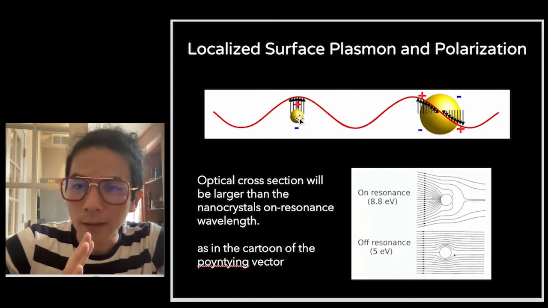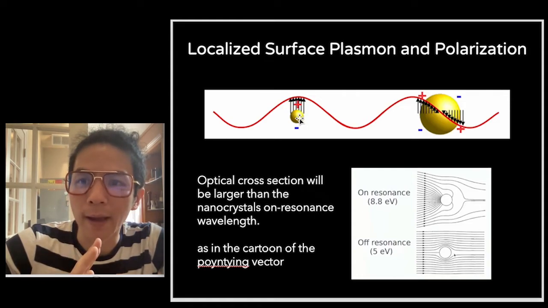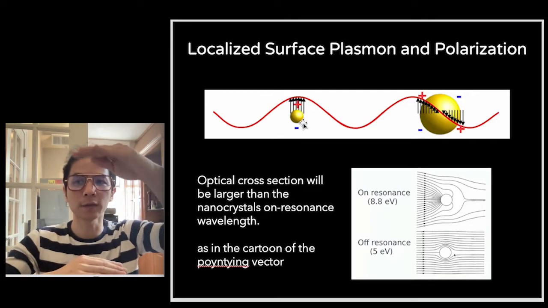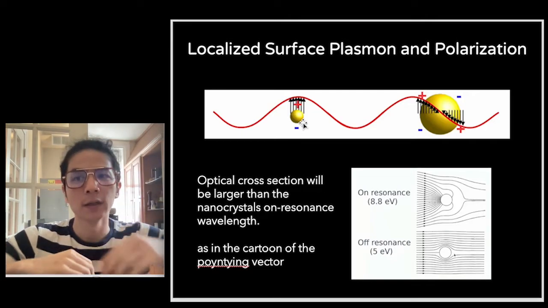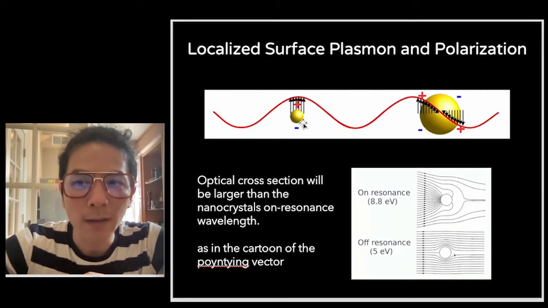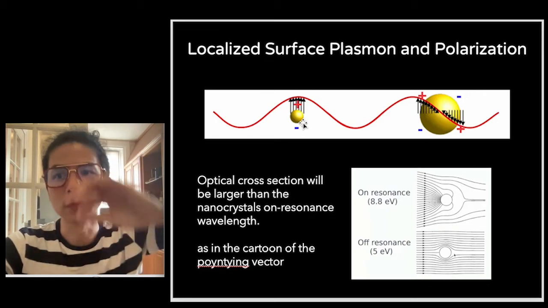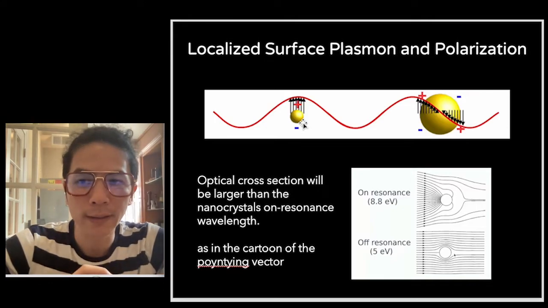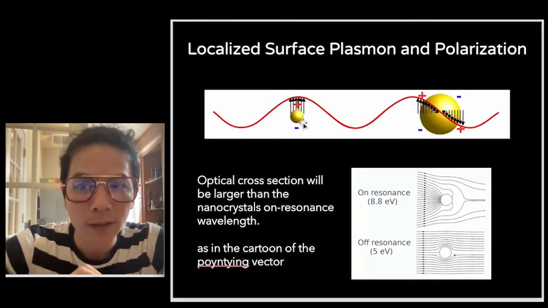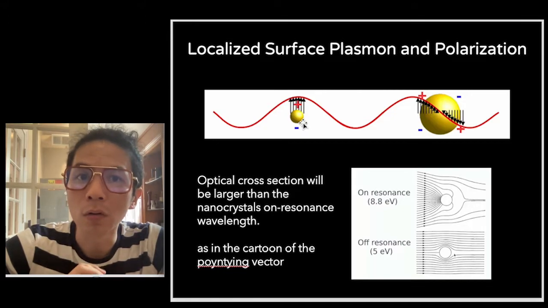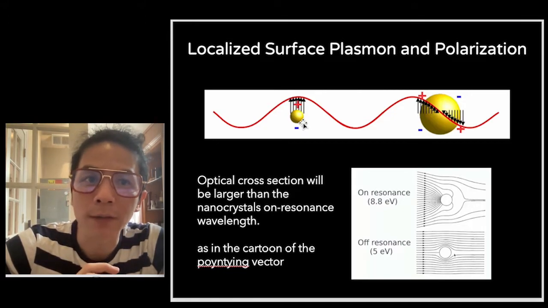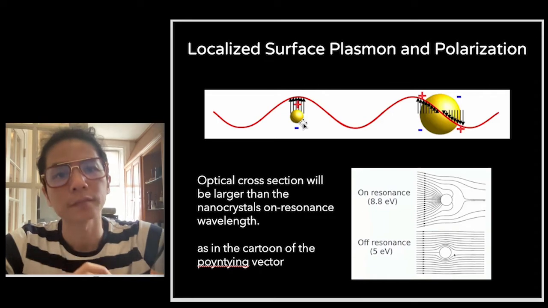So again, the localization of the electron can happen, but in this case, all electrons can move from one surface to the opposite surface. And under the light illumination, the electron motion is always happening like a resonance. So this is what we call localized surface plasmon resonance.